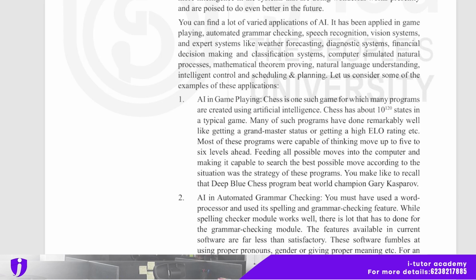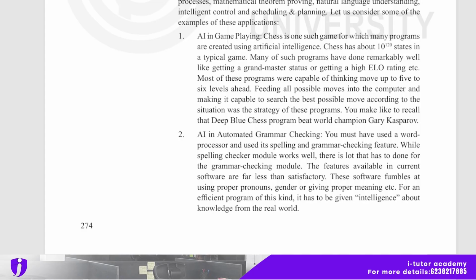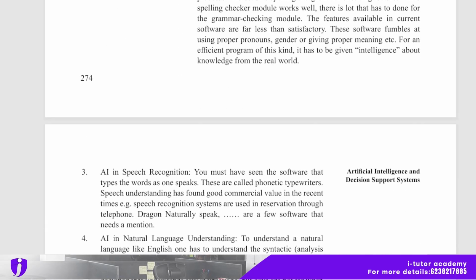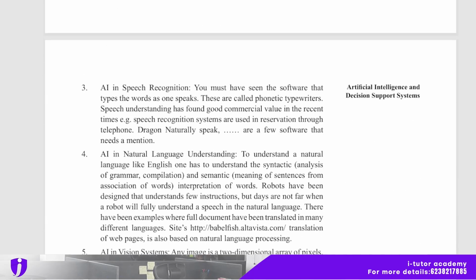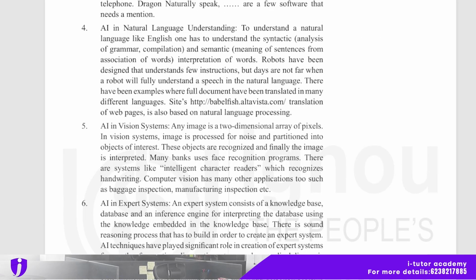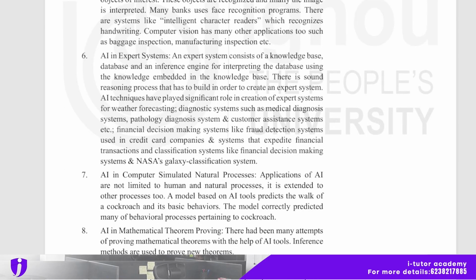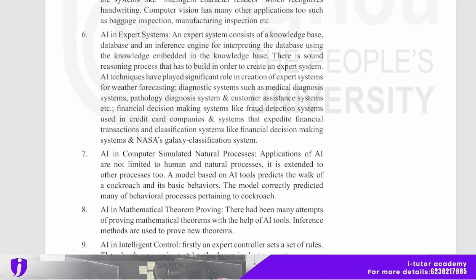So let us consider some examples of these applications: AI in game playing, AI in automated grammar checking, AI in speech recognition, AI in natural language understanding, AI in vision systems, AI in expert systems, AI in computer simulated natural processes, AI in mathematical theorem proving, AI in intelligent control.